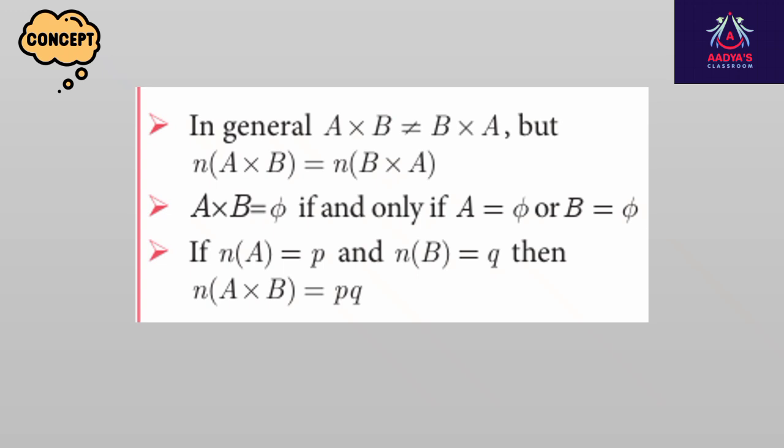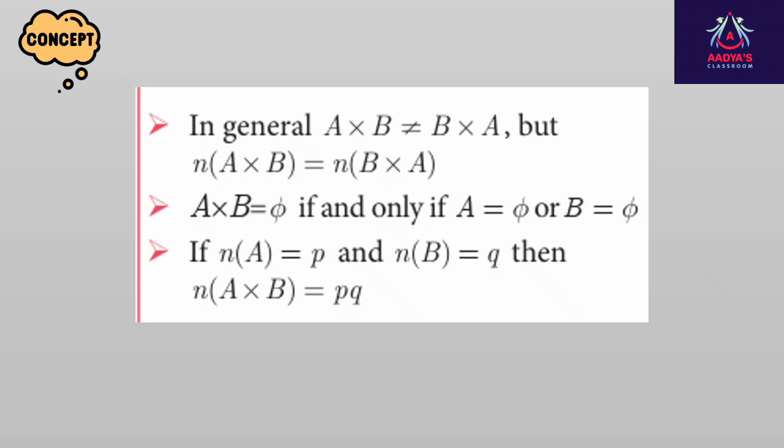And A cross B is equal to void, that is empty set, if and only if A is equal to an empty set or B is equal to an empty set. Okay, so either A should be an empty set or B should be an empty set. Then only A cross B will be an empty set.